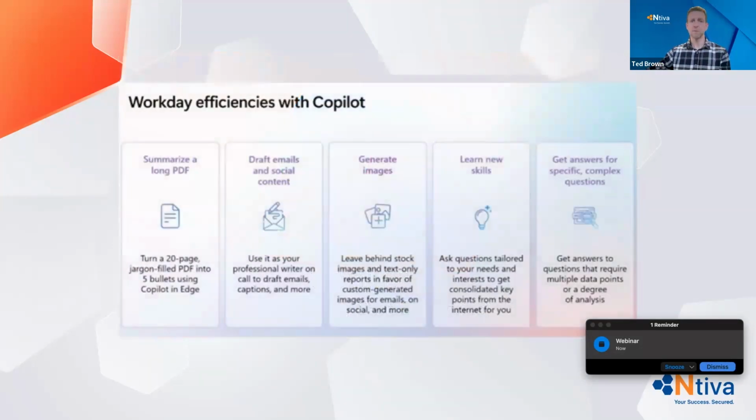Now, some of the advantages of using Microsoft Copilot are if you have a Word document up, or sorry, a PDF document up from a website, you can ask Copilot if it's in an Edge browser, hey, go ahead and summarize this entire PDF document. Give me some key points of it so I really don't have to read the entire 20-page document and get some key information from that as a summary. Maybe you want to draft an email or social content.